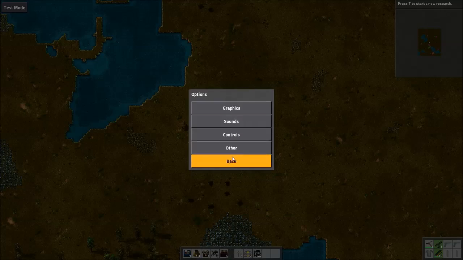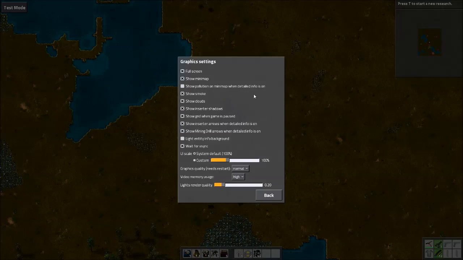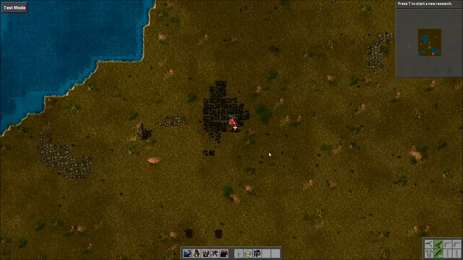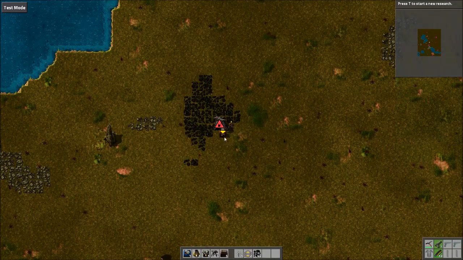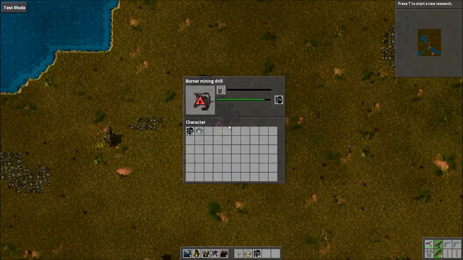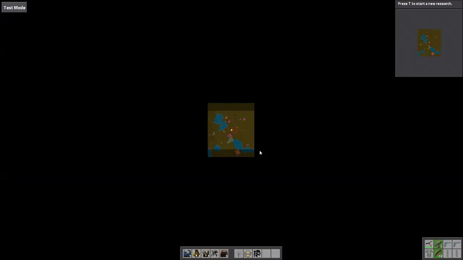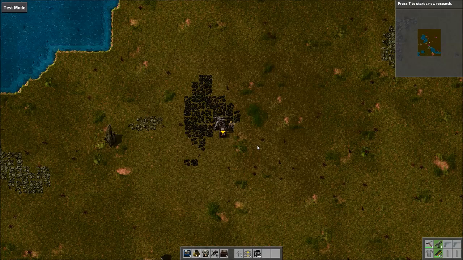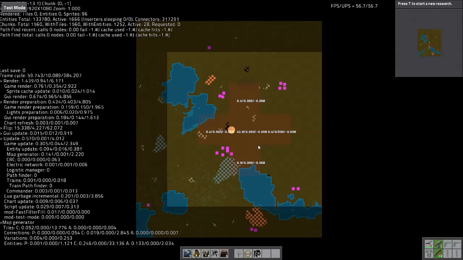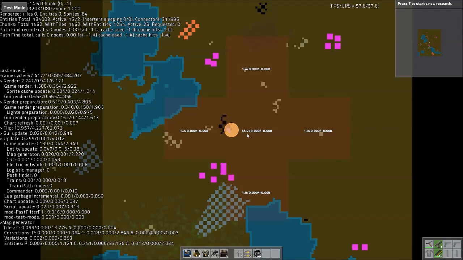If I turn this off because it's a little bit in the way, I'm going to go into my options really quick. Okay, it's already off. So if we throw some coal in here for this experiment, you can look and see, if I turn on the debug menu, our pollution.